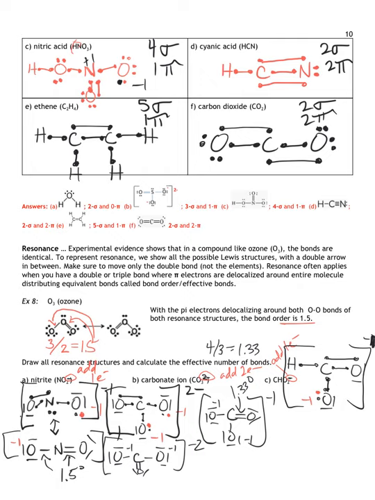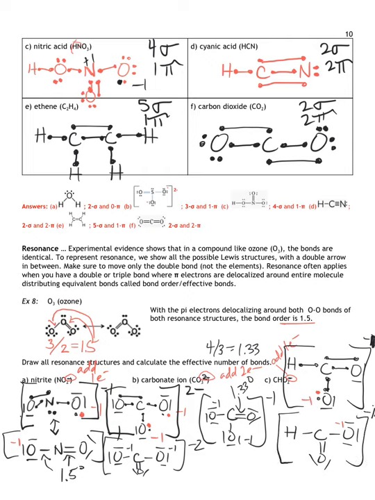And so there's another structure for this. It's carbon, put the double bond on the bottom, and my negative charge is on this oxygen. My overall charge is a -1.